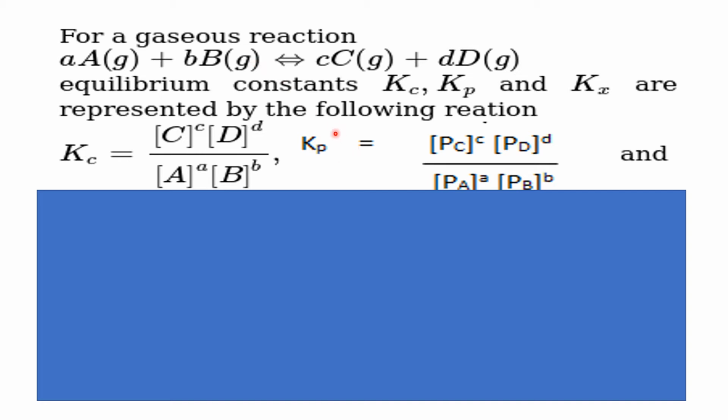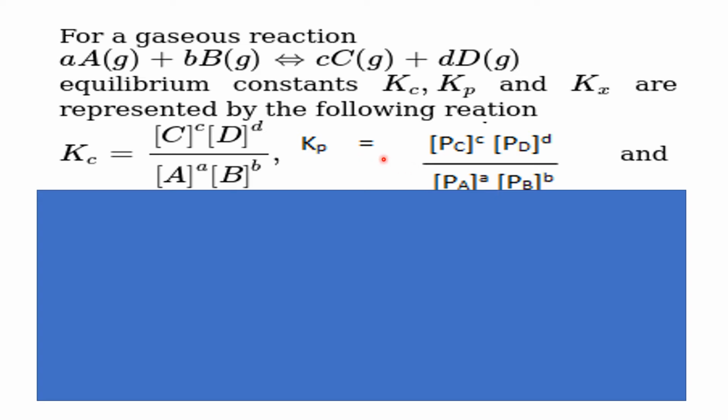So we could define the equilibrium constant Kp for any gaseous reaction as the mathematical product of the partial pressures of the products divided by the mathematical product of the partial pressures of the reactants.